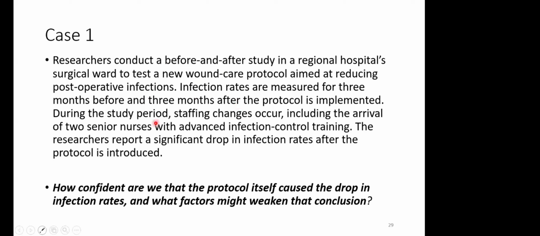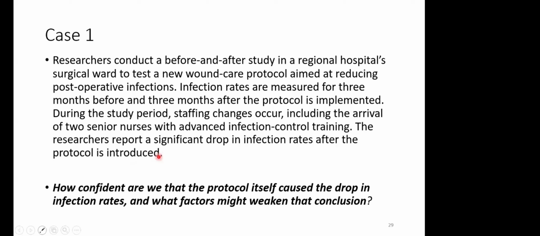During the study period, staffing changes occur, including the arrival of 2 senior nurses with advanced infection control training. After the study, the researchers report a significant drop in infection rates after the wound care protocol is introduced.